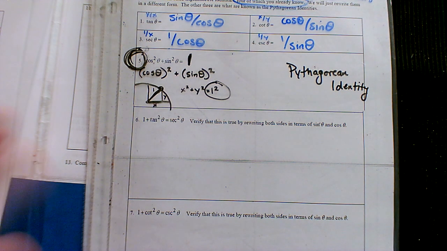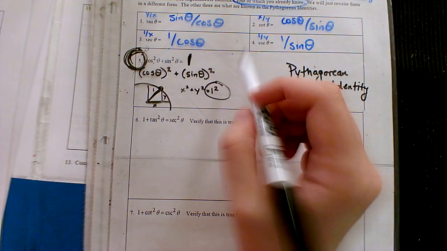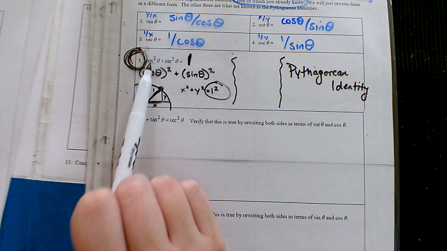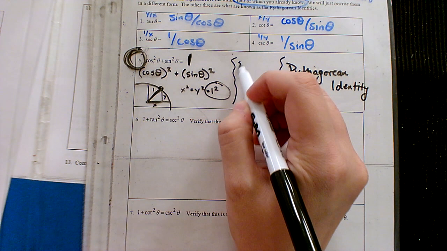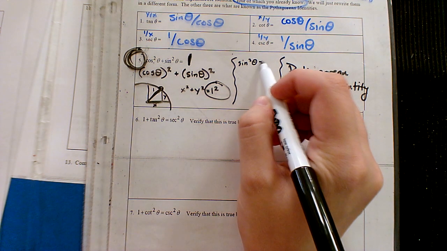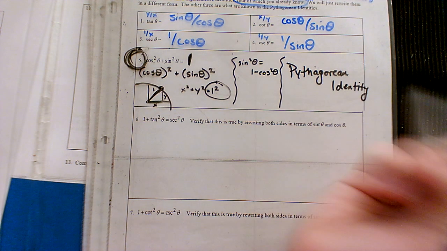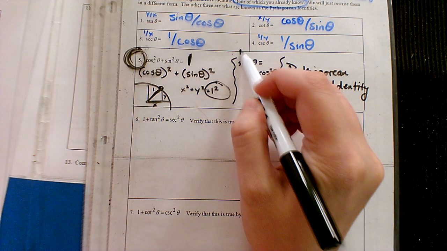Now, there are some manipulations of this that we might have to use when we go through some of our examples. So the basic one is cosine squared plus sine squared equals 1. But we'll go ahead and write down what some other ones might look like. And they're pretty simple, nothing too difficult for us to imagine. If we were to subtract the cosine squared over, we would have sine squared theta equals 1 minus cosine squared. So there's one manipulation.